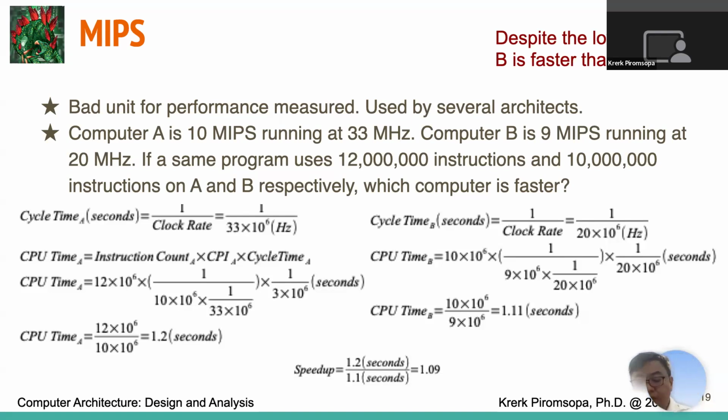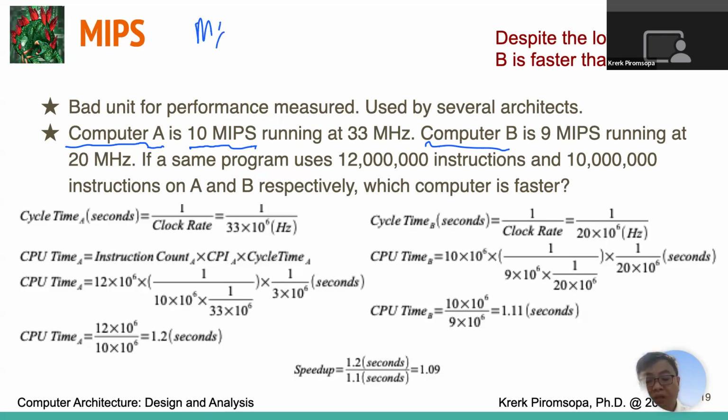So let's try this. We have two computers, A and B. Different CPUs, different architectures, completely different things. CPU A says, my CPU can do 10 MIPS.